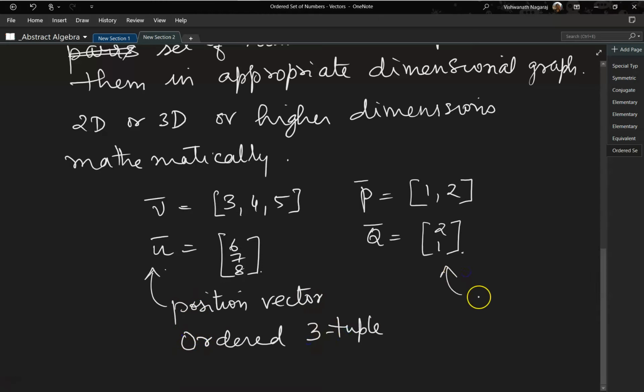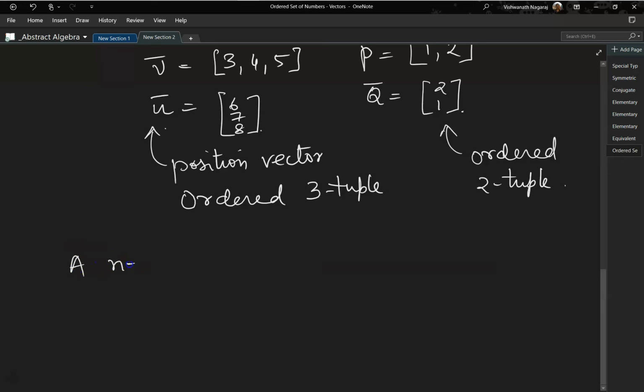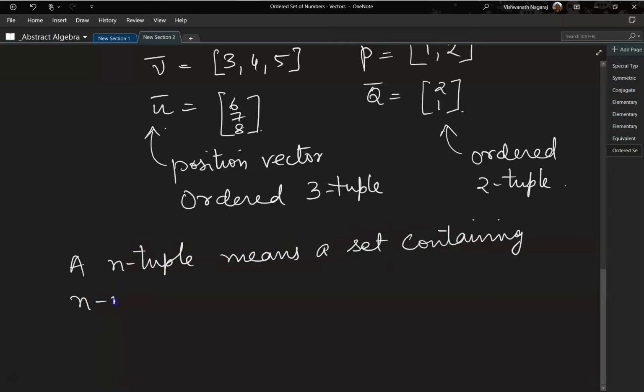Now a tuple, or more appropriately an n-tuple, means a set containing n numbers with fixed positions. So basically what this means is that if I'm using the word tuple, I don't have to use the word ordered, because the tuple itself means that it is an ordered set.